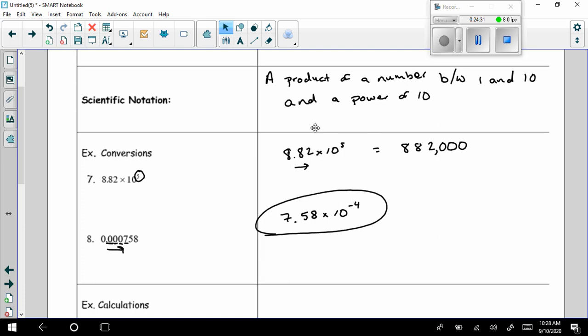All right, so you have a times 10 to the nth, where 1 is less than or equal to a, which is less than 10, and n is an integer.